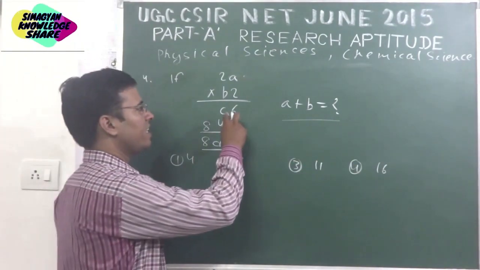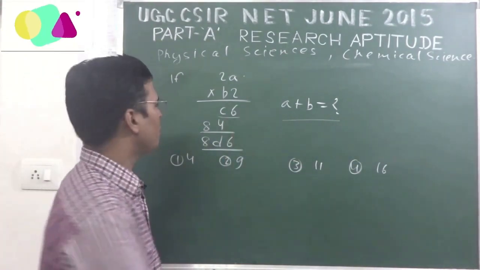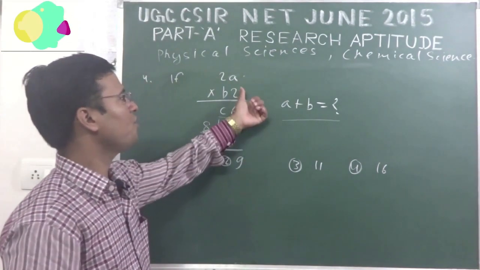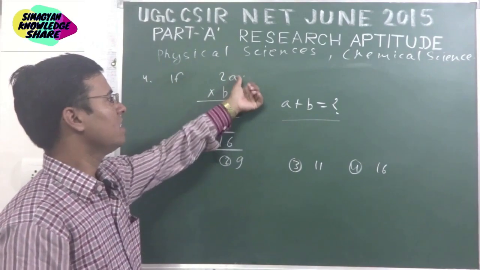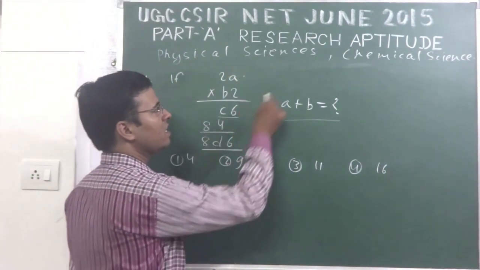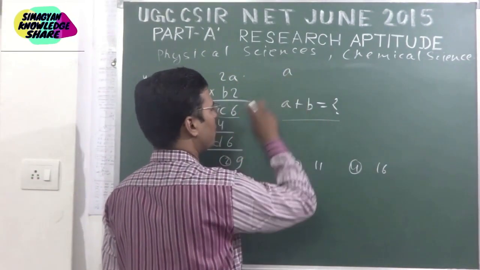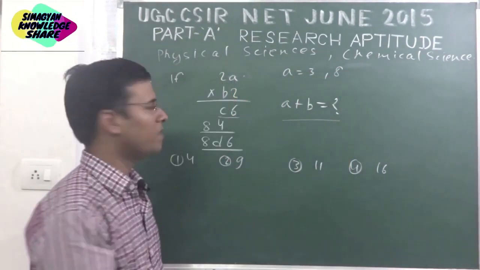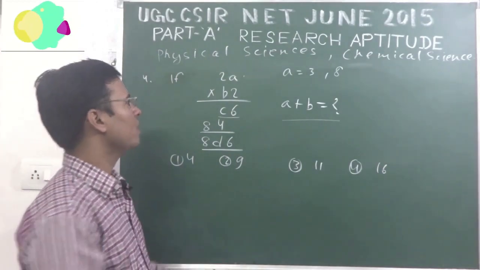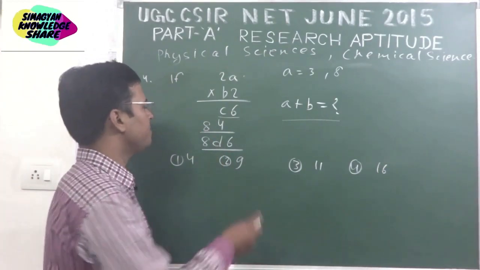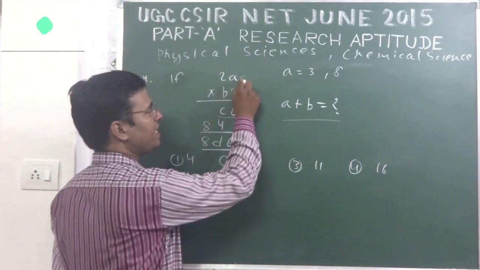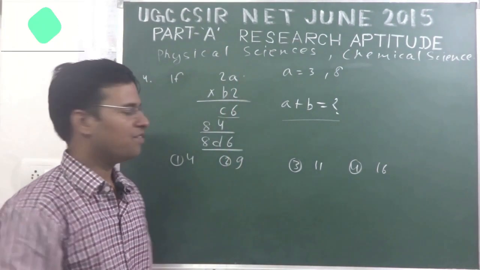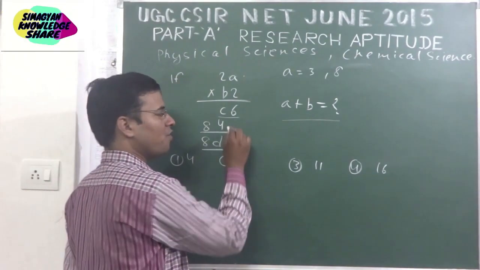First, we see the first part of the solution. When you multiply 2 with a, you get 6. So the value of a may be 3 or 8, but no other chance. In the next condition, when you multiply b with a, you get the unit value 4.